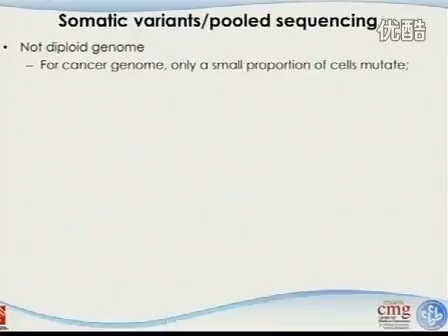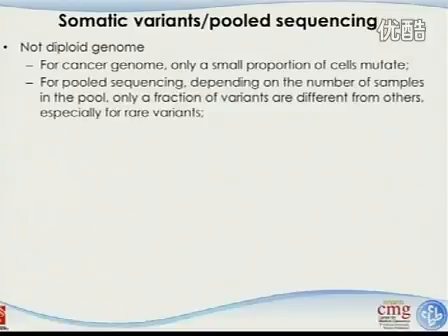All right. But for the somatic and the pooled sequencing, this is not a diploid genome. Everything I talked about in the previous ones was a diploid genome, where we have a pair of chromosomes. But for the cancer genomes, only a small proportion of the cells will probably mutate. Not all the cells have that.